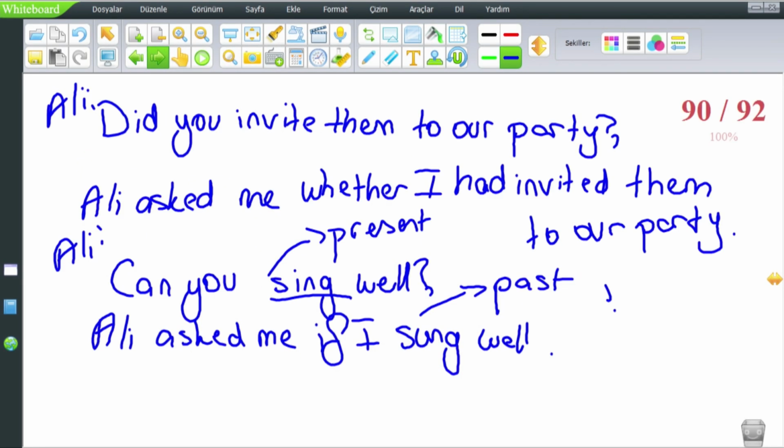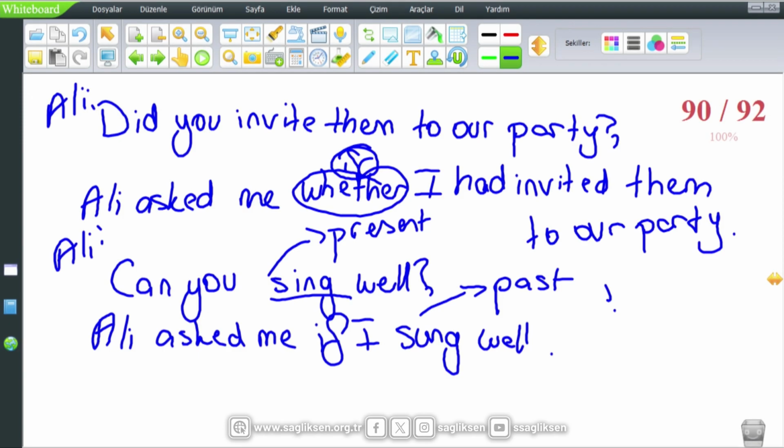And "Did you invite them to our party?" Ali asked me whether or if. We use whether or if with yes/no questions in reported speech. I had invited them to our party, but tense change applies to questions too. "Can you sing well?" Ali asked me if I sung well.